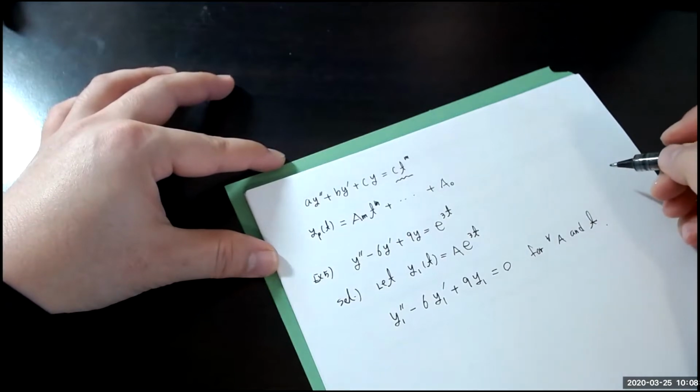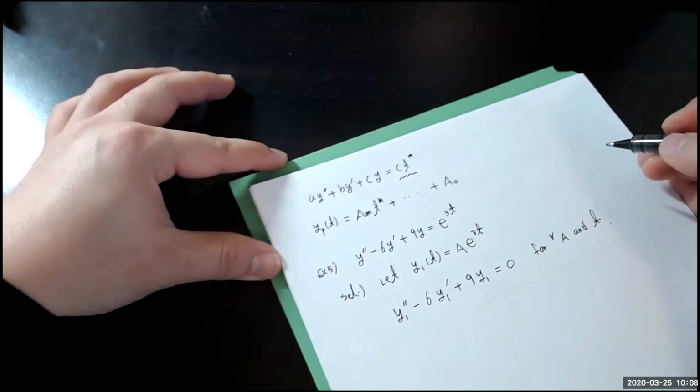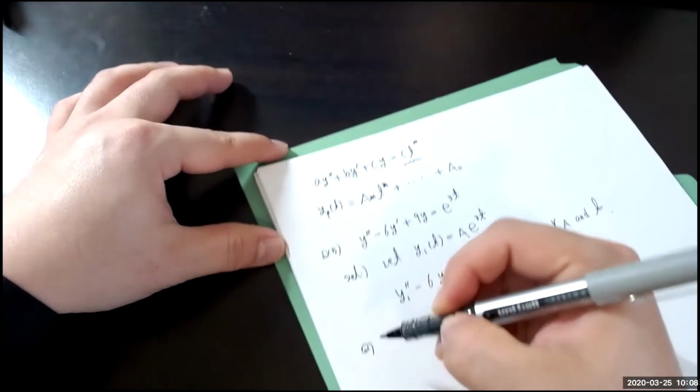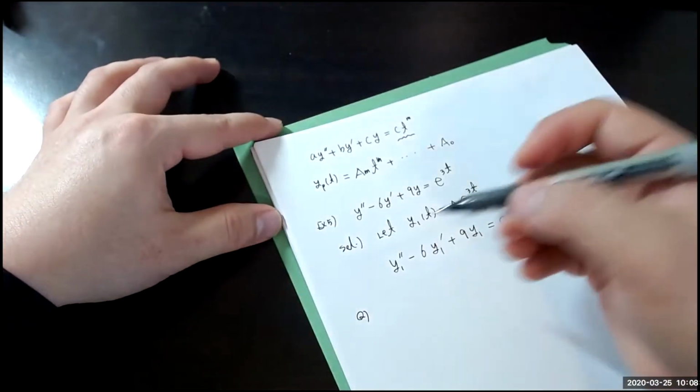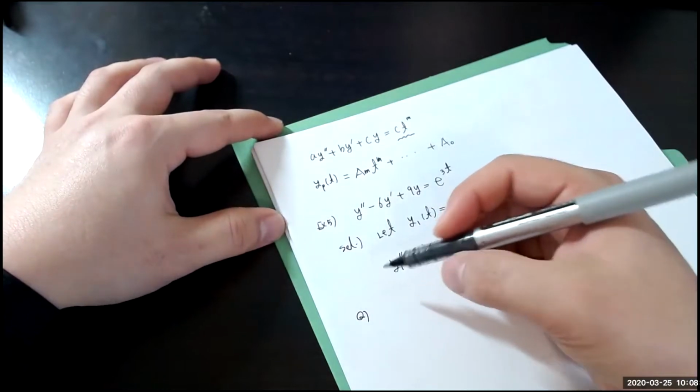Here's the question then: why is y1 not a solution?